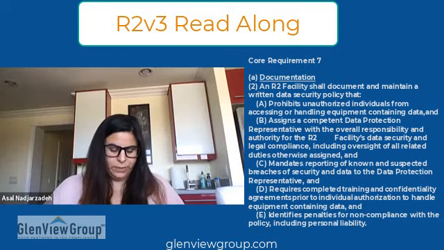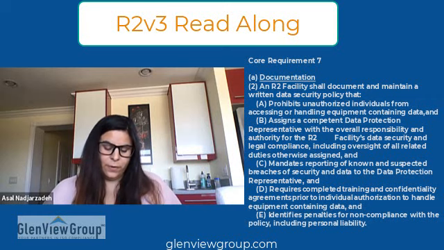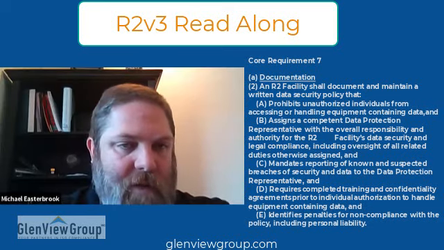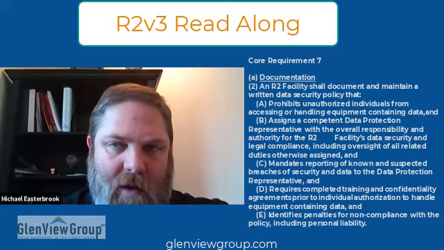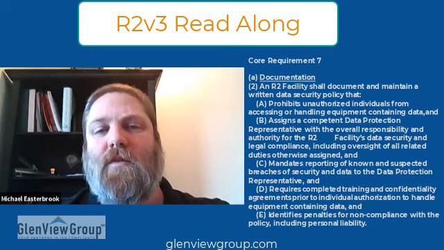Okay, and then 2B, assign a competent data protection representative with the overall responsibility and authority for the R2 facility's data security and legal compliance, including oversight of all related duties otherwise assigned. So this could be anyone that's appropriate for the facility, right? You don't have to have a specific data protection representative.